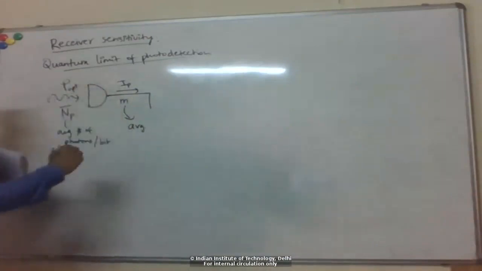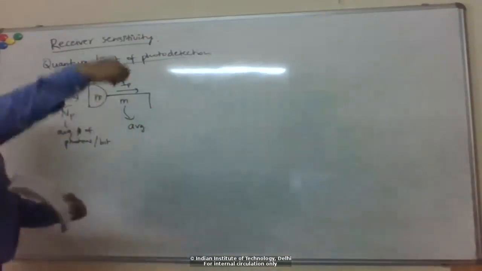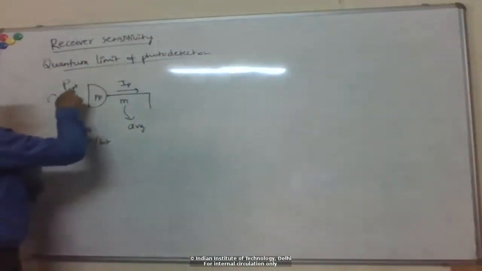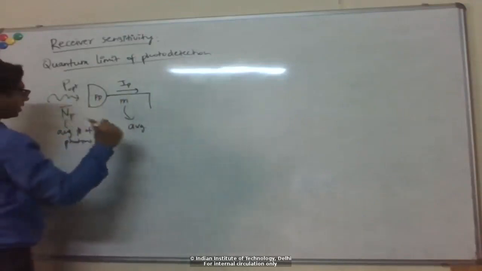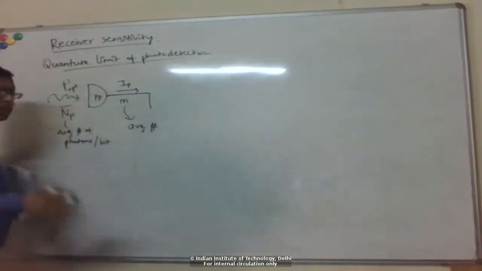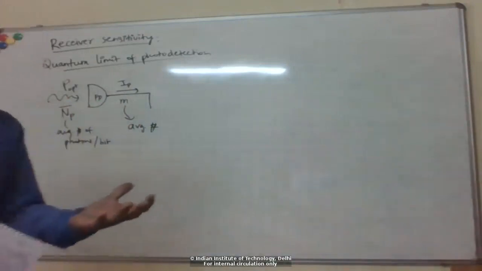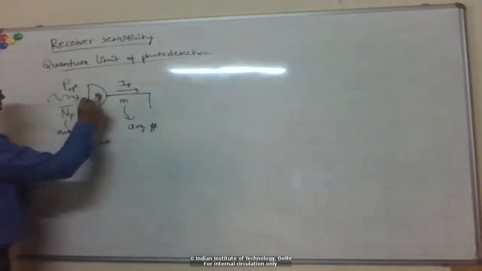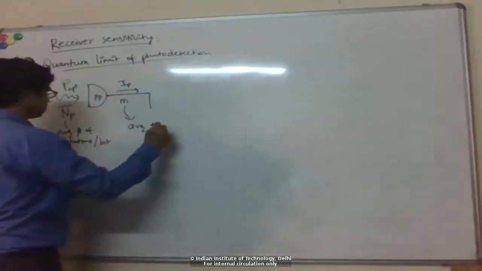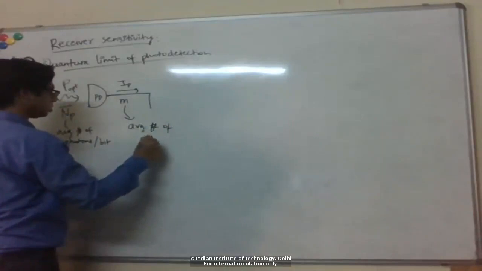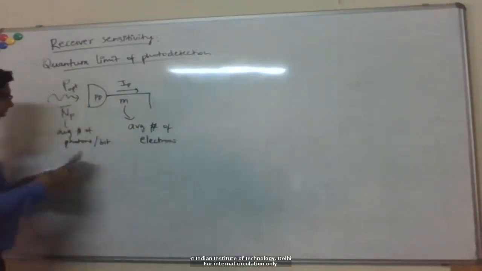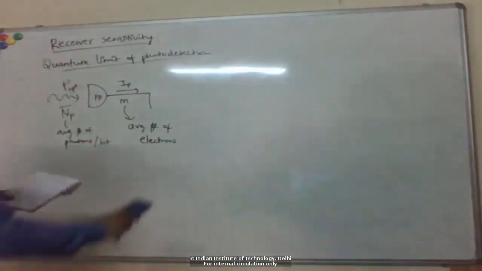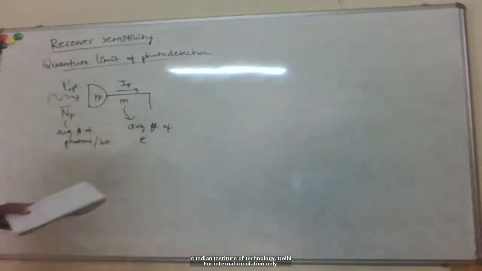These photons are absorbed in the photodetector, and you create electron hole pairs, which carry the current. In the ideal case, for example 100% quantum efficiency, every photon is absorbed to give an electron, or more specifically, an electron hole pair.